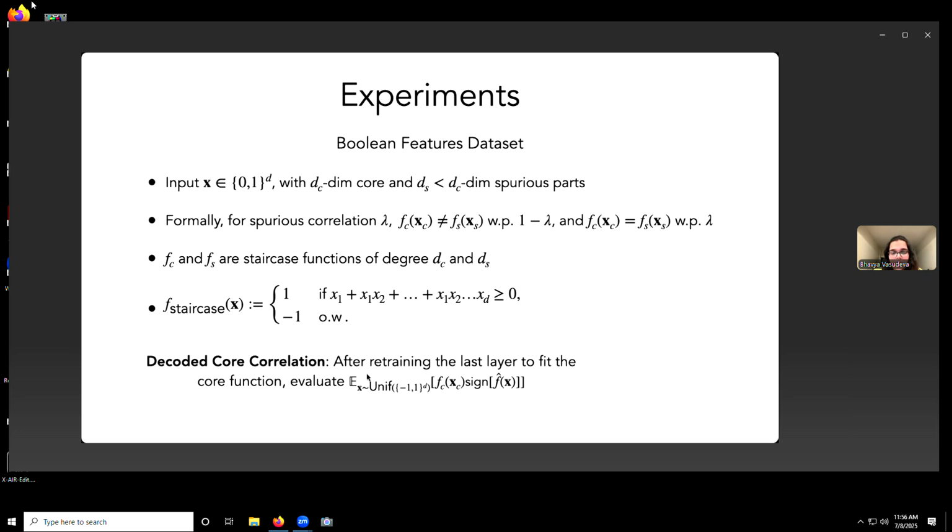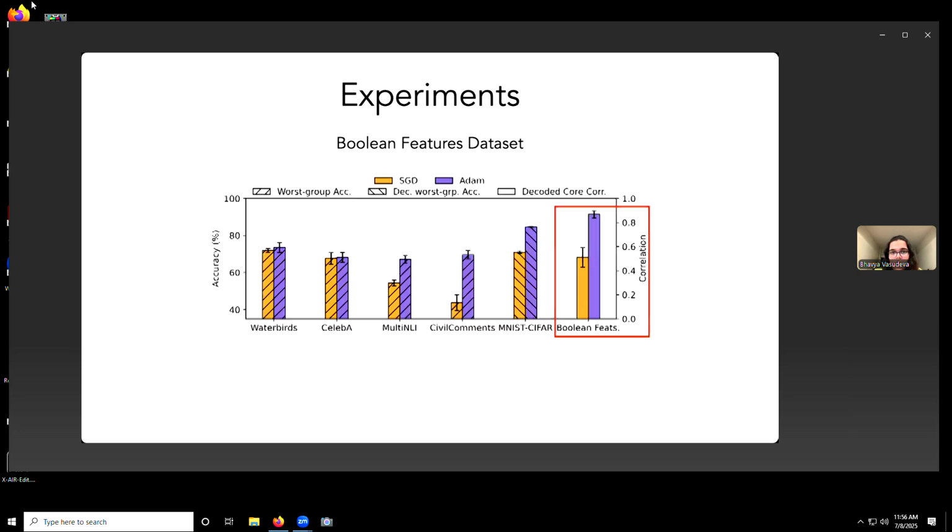And we measure the decoded core correlation, where again, after training, we retrain only the last layer to fit the core function, and then evaluate how often the predictions of the model match the core feature-based function on the test set.